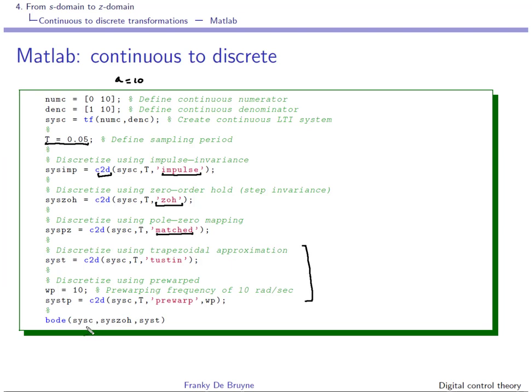What you can then do is compare the underlying systems, continuous and discrete, using a Bode diagram. So what we do here is compare the Bode diagram of the original system, the one obtained using the zero order hold discrete equivalent, and the one obtained using a numerical approximation method, here a trapezoidal method.